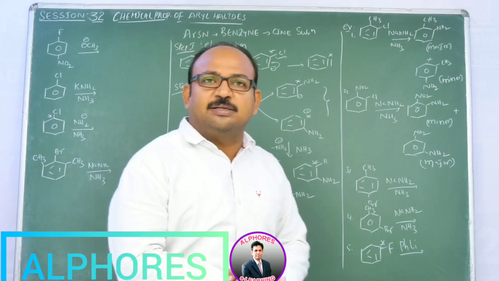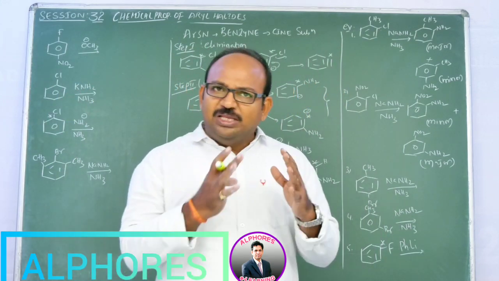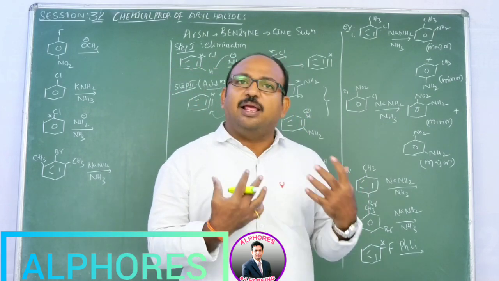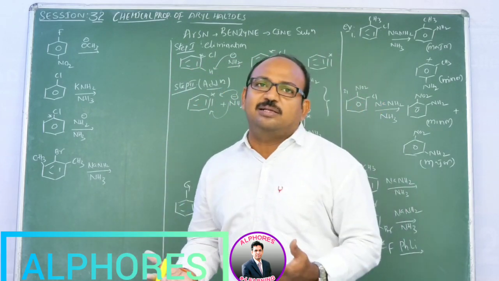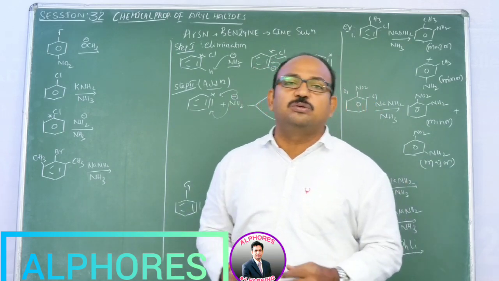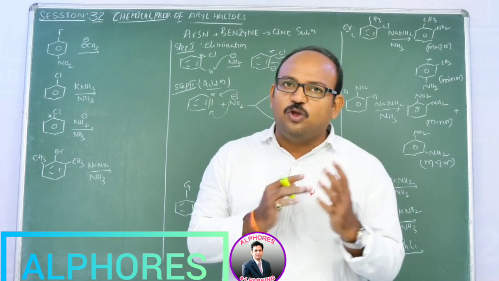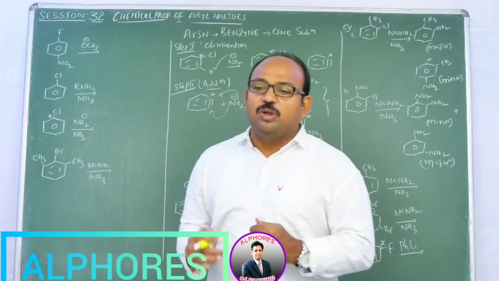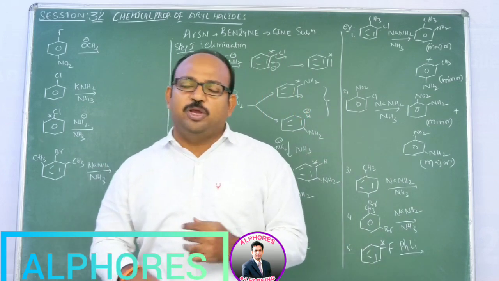In the previous session, we learned which chemical properties alkyl halides and aryl halides are going to show, and what the differences are between these two. Towards a nucleophilic substitution reaction, how alkyl halides behave, how aryl halides behave.